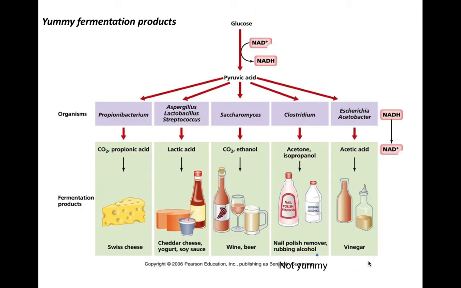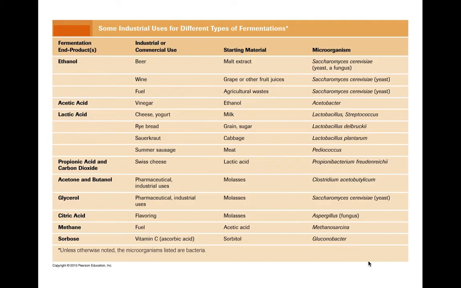And again, this is just showing how humans have taken advantage of microbial fermentation products to make fermented milk products such as cheese, yogurt, soy sauce is a fermentation product, wine and beer, nail polish remover and rubbing alcohol, not yummy, don't eat those, you guys. And fermentation is involved in the production of vinegar. And again, just some more human uses for fermentation.